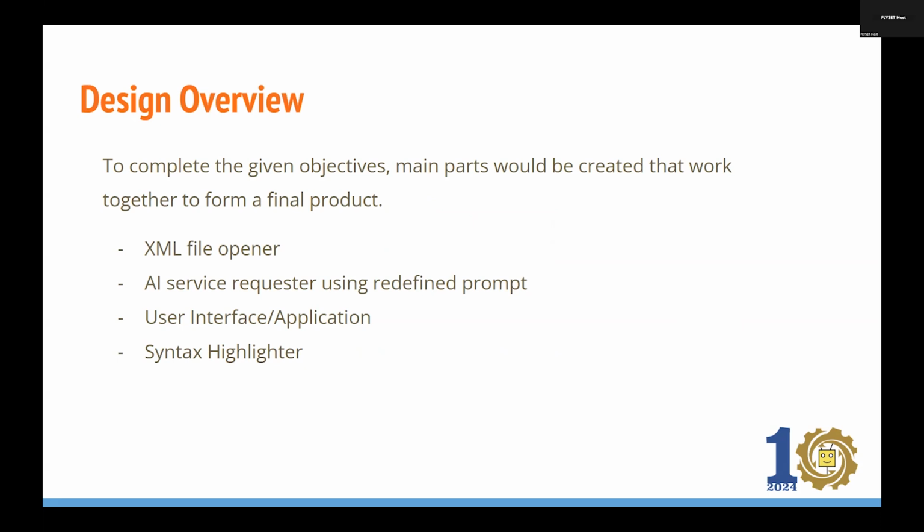Next, we use an AI service requester with a predefined prompt. I use an AI service to obtain the initialization code based on my XML file. Next, I have the user interface in the application. I want to develop it as a prototype, but good enough to show its functionality. And lastly, a syntax highlighter, a visual outline that makes your code look more neat.